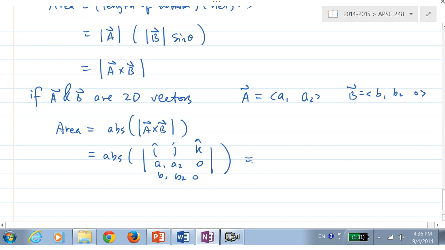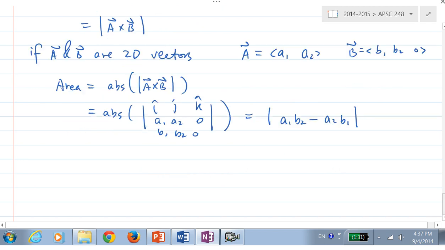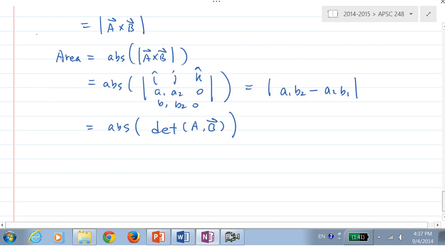Because it's 0, 0 right here, you'll find this is equal to A1 B2 minus A2 B1. Basically, it's this times this minus this times this. For this purpose, we can introduce this: we can call it the absolute value of the determinant of A, B. So what does that mean?